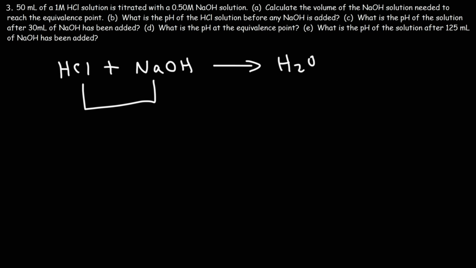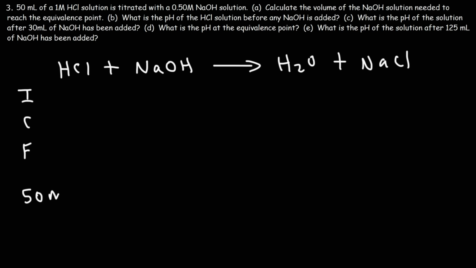And when sodium and chlorine get together, they will make sodium chloride. Now we need to do an ICF table or a BCA table. ICF, initial change final, BCA, before change after. So you could use either one. The results will be the same. What we need to do is we need to get the moles of the initial reactants. So let's start with HCl.